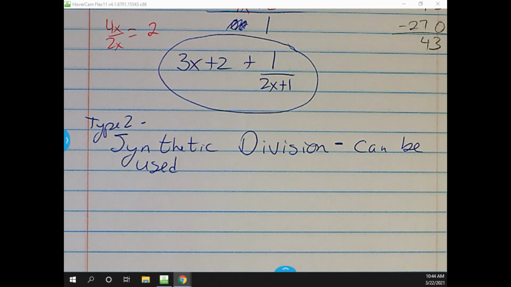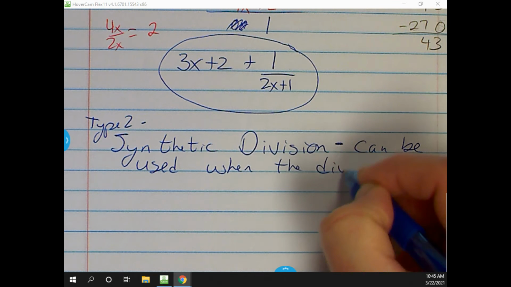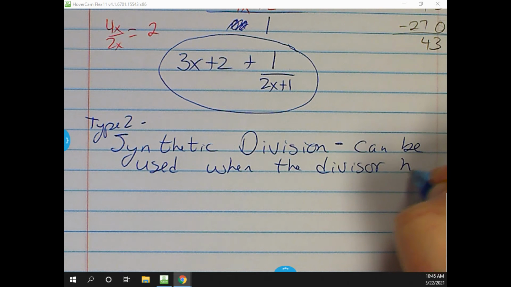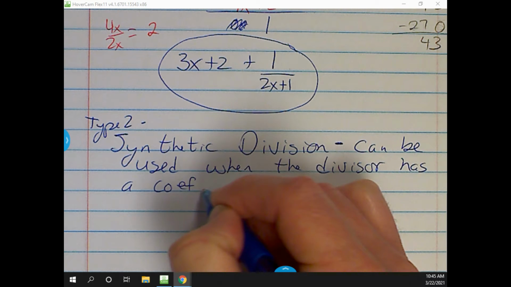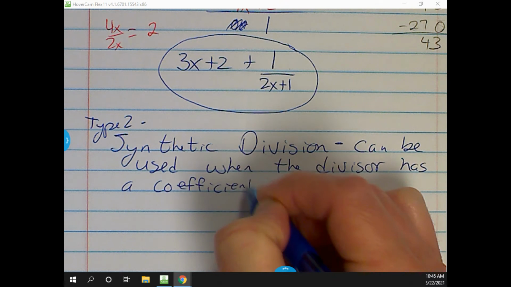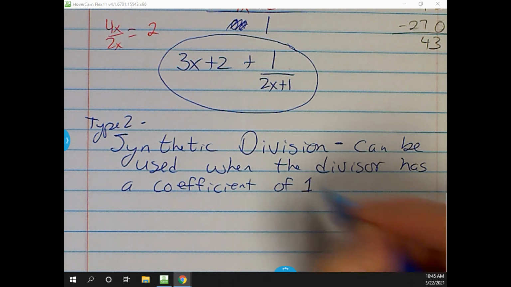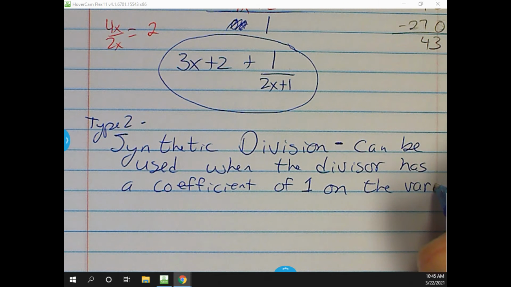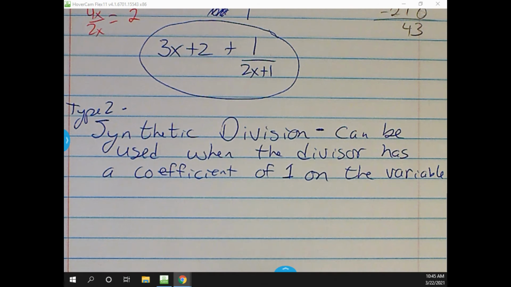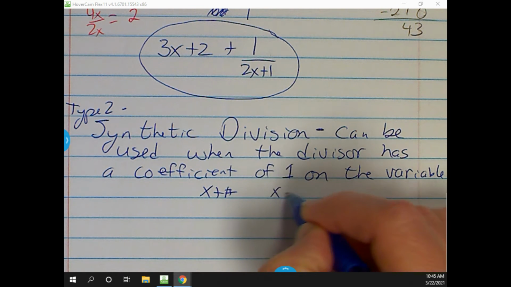It can be used when the divisor has a coefficient of 1 on the variable. That basically you need x plus some number, or you can have x minus some number.